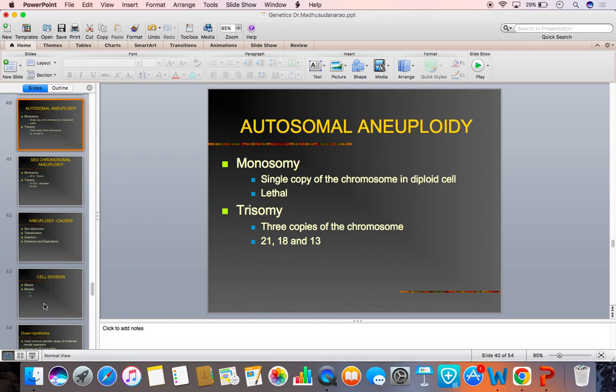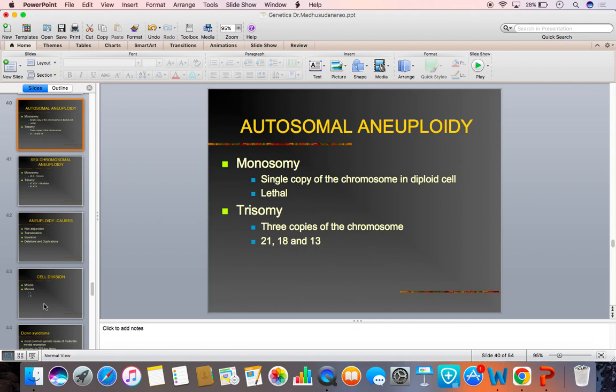Autosomal aneuploidy. This is the most common. These are abnormalities of the numbers of the chromosomes. They are monosomy and trisomy. Monosomy is the situation when the cell contains one copy of the chromosome in a diploid cell.